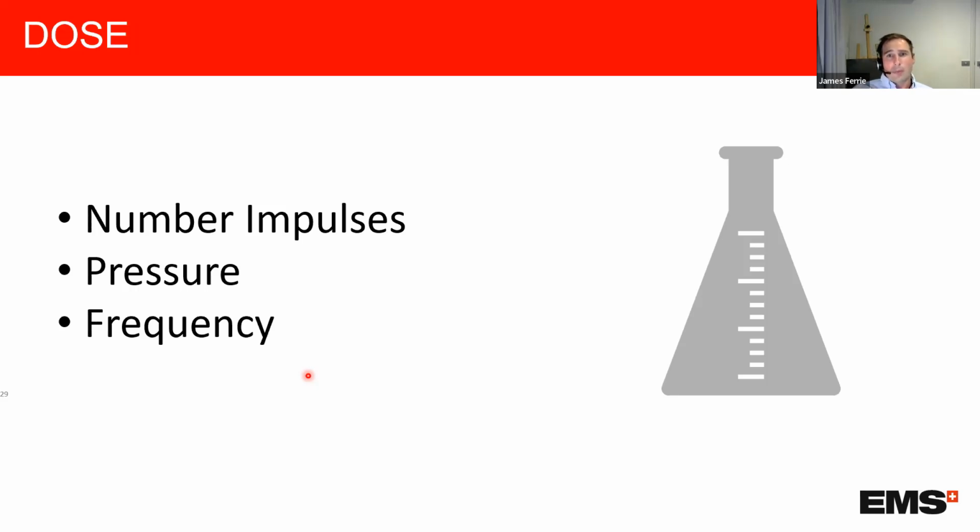But definitely if your patient's having some difficulty tolerating shockwave, the first thing to change is the frequency. If you increase that frequency, you're able to keep the energy density the same. You're still delivering the same amount of energy to the patient, which we know is important. But if the patient's tolerating it better with the high frequency, that's a little trick that you can use.